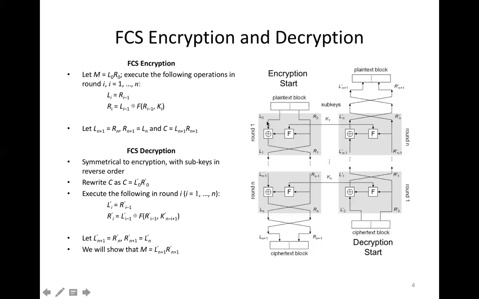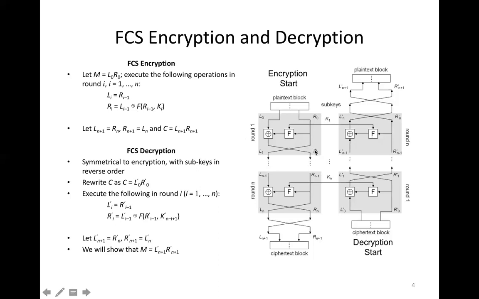Then you apply the function f on the right half using the subkey k1, that is f of R0 and k1, and exclusive OR with L0, and you get R sub 1.